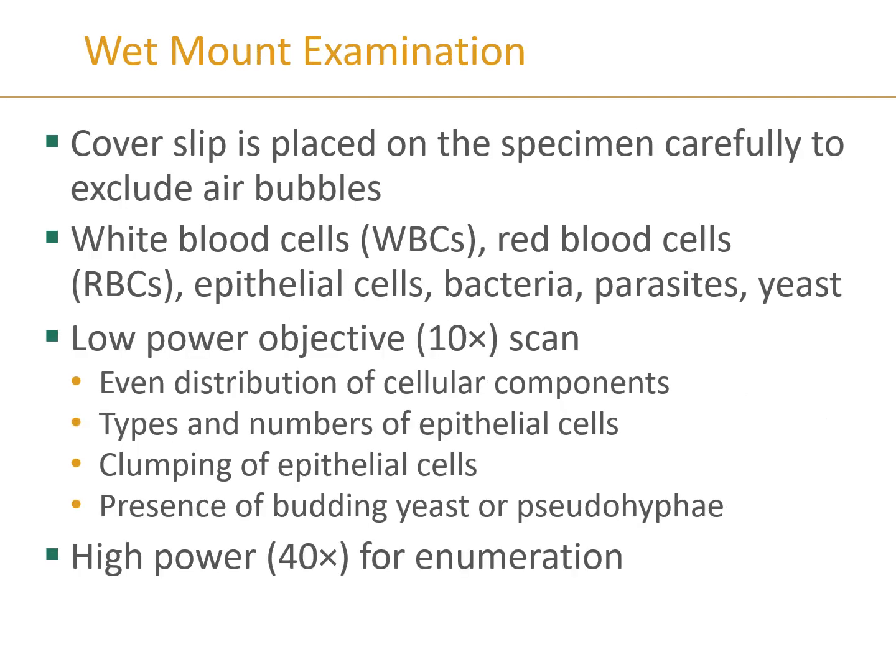For a wet mount examination, just as the test implies, it is wet. So with your wet specimens, you're going to use a cover slip, and you're also not going to go above 40x. You would start on your 10x objective, get everything in focus. With your 10x objective, you're looking for even distribution of your cellular components.